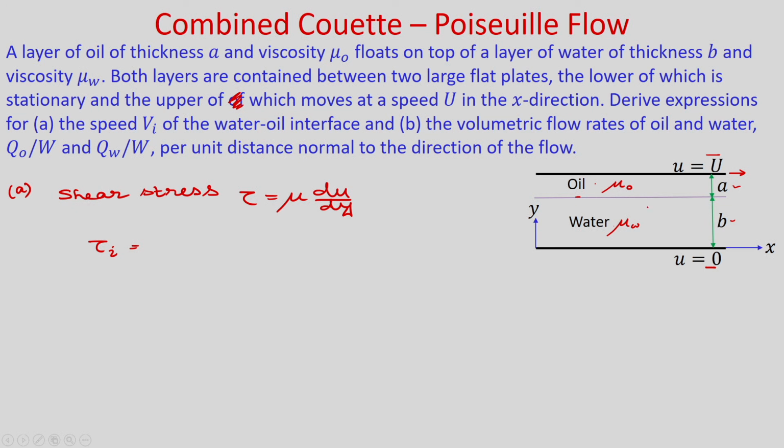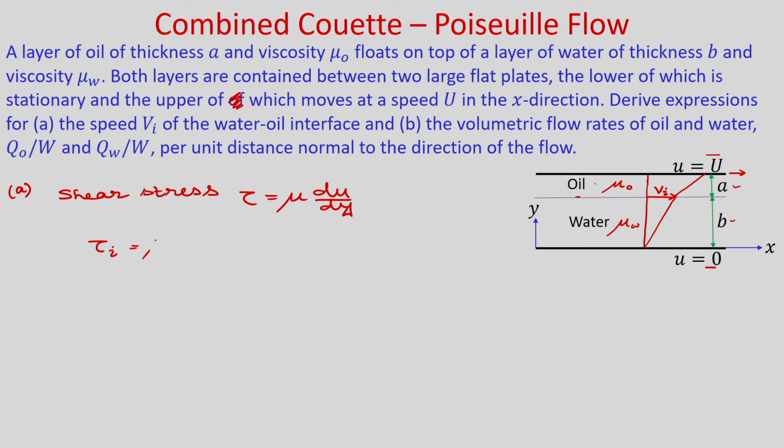So, we know the velocity profile is linear for this case, but it will vary depending on the values of these viscosities. So, this is linear. You can see that the velocity at this location, let us say V I, the interface velocity, then you can write tau I from the oil side.